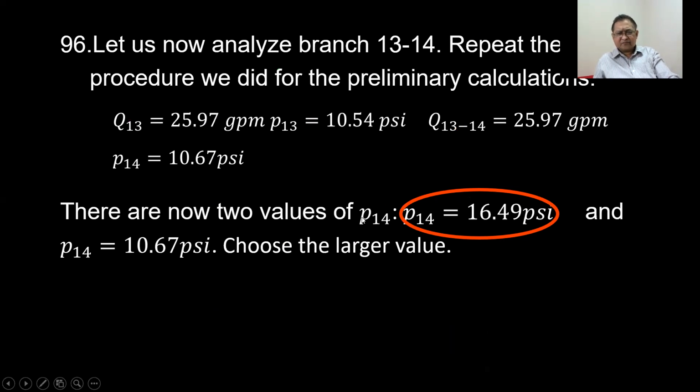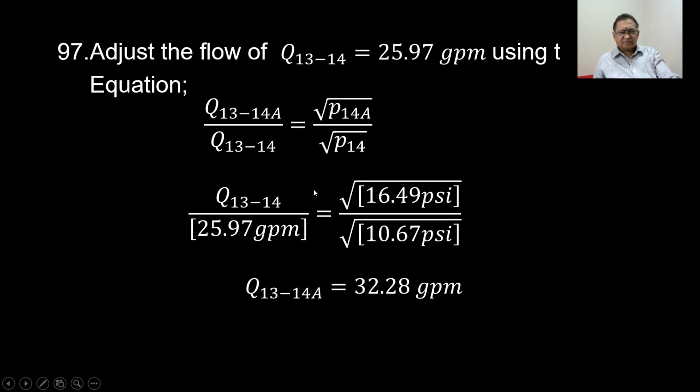P sub 14 will be 16.49, and the calculated 10.67. This cannot be. There should be only one pressure in the node. So we choose the larger value and adjust the flow. So using this formula, ratio of the square root of the high pressure to the square root of the lower pressure, and we have the flow of 25.97 GPM. So the adjusted flow will be 32.28 GPM.